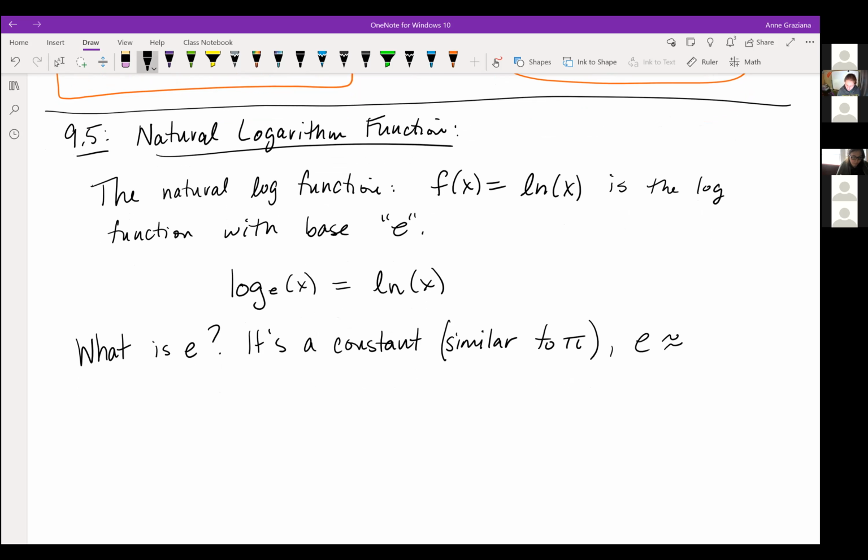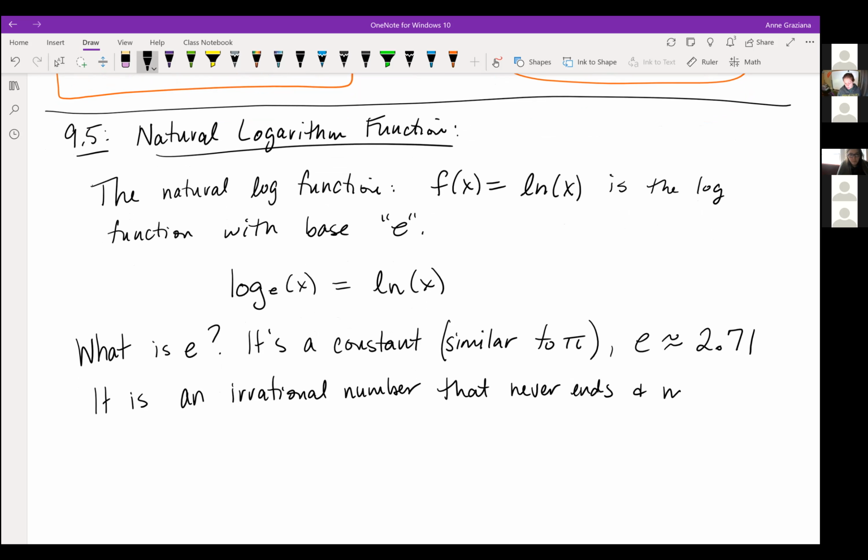e is approximately 2.71. It is an irrational number that never ends and never repeats, which is what it means to be irrational. So this goes on forever and ever. If you wanted to understand it more thoroughly, you would need to look up the golden ratio; it's defined using that.